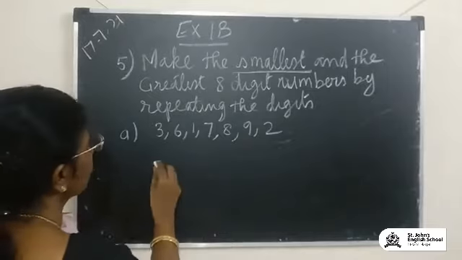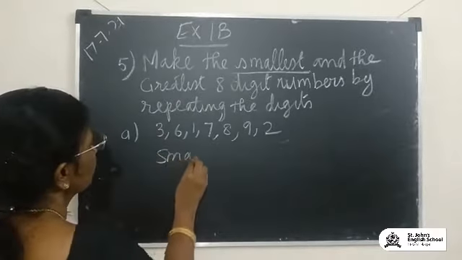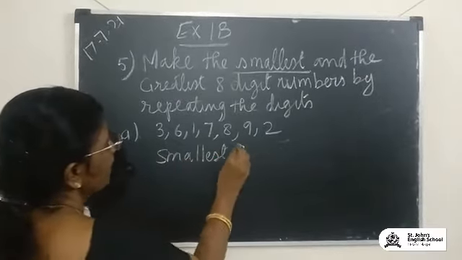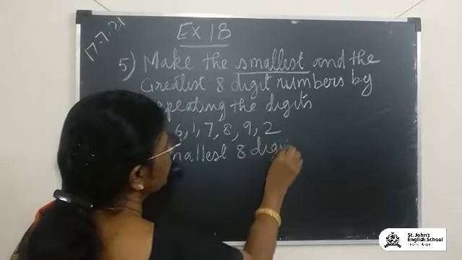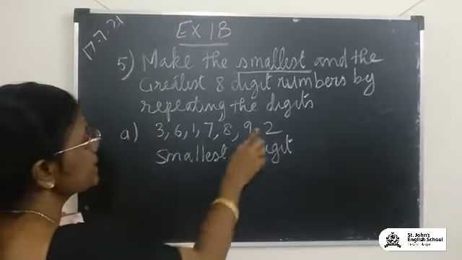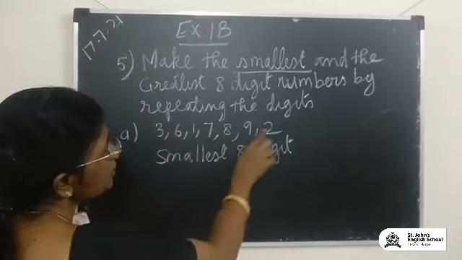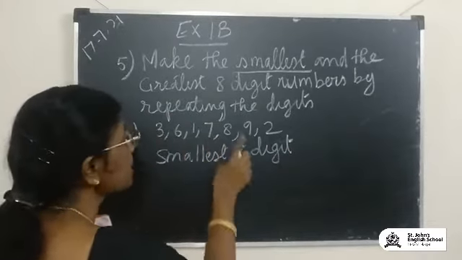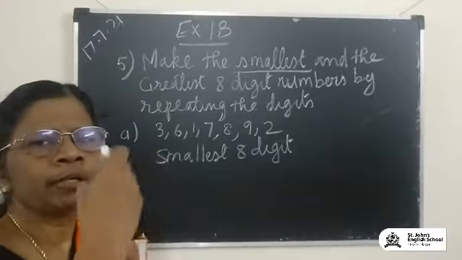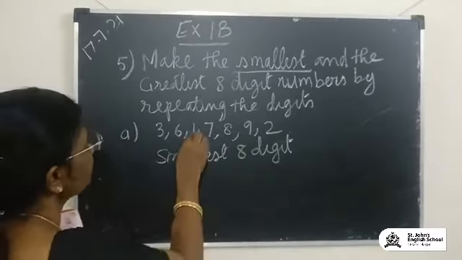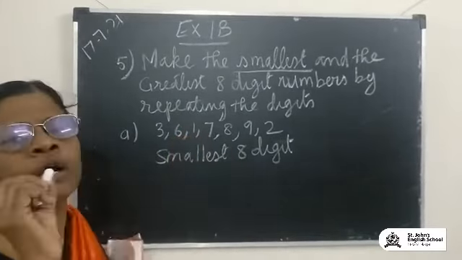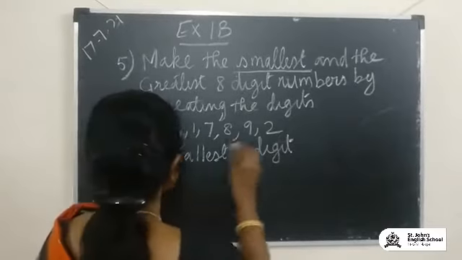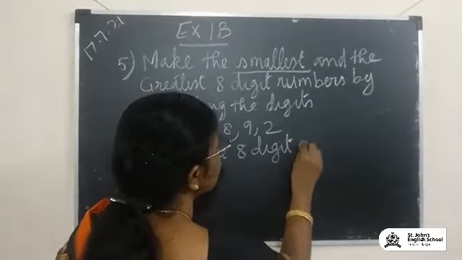If it is only a 7-digit number, you can form it from the 7 numbers, but because it's the smallest 8-digit number, you have to repeat the smallest number one more time.